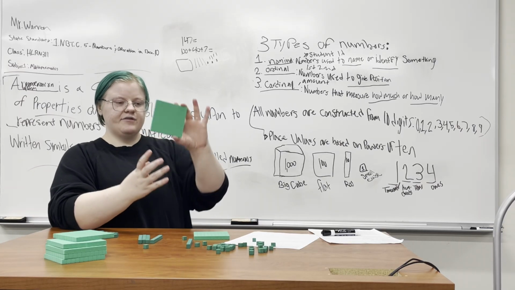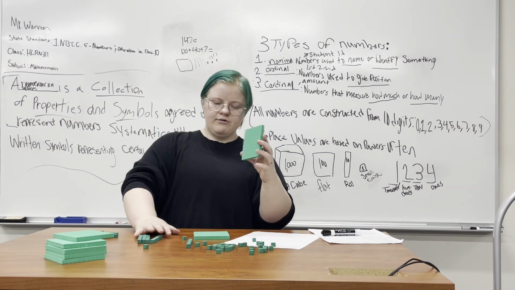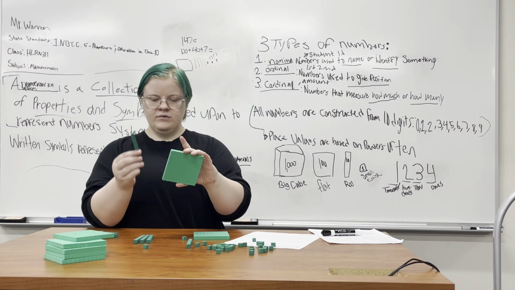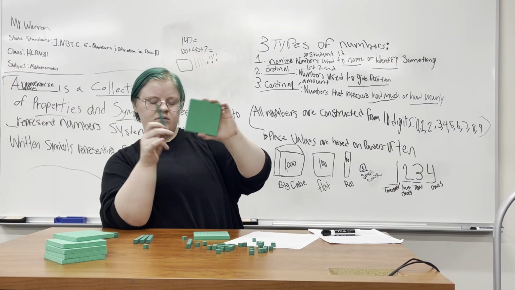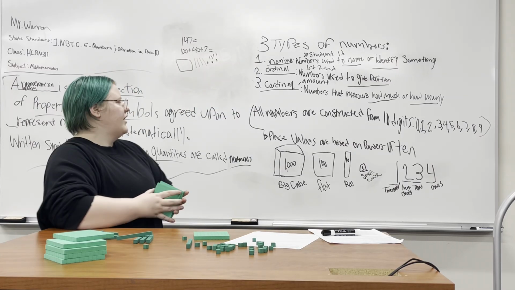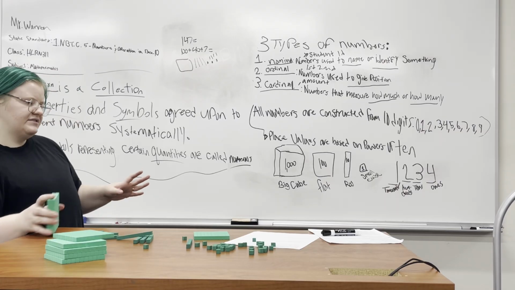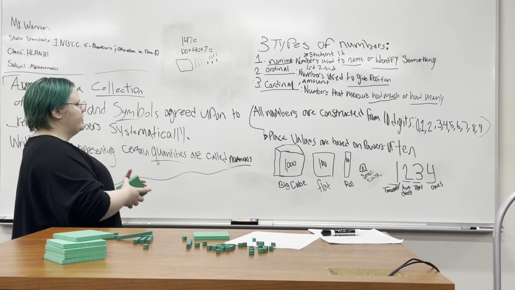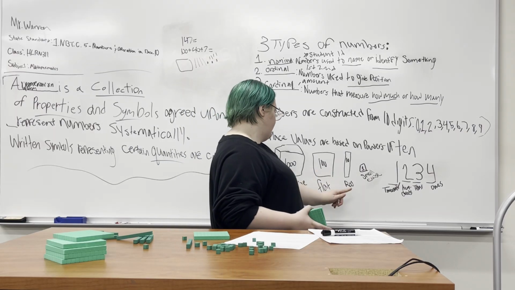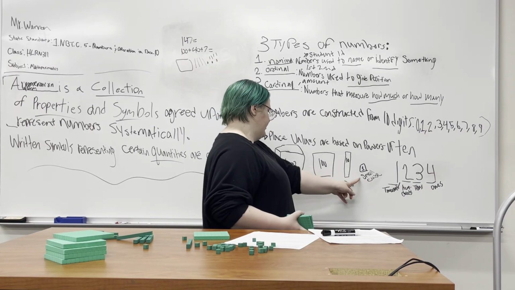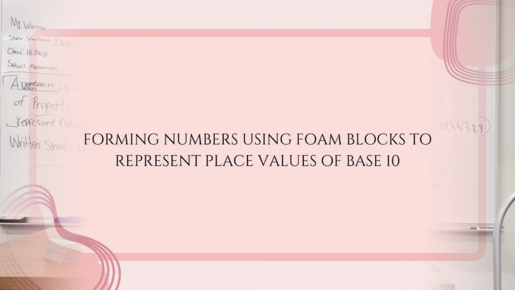And then we have our flats, and these represent 100. If you can see, it's just 10 of these rods. All right, and then we also have our big cube. I don't have one with me today, unfortunately, but our big cube does represent 1,000. I also have it written right here: small cube, rod, flat, big cube, and what each of those represents in the numbers.